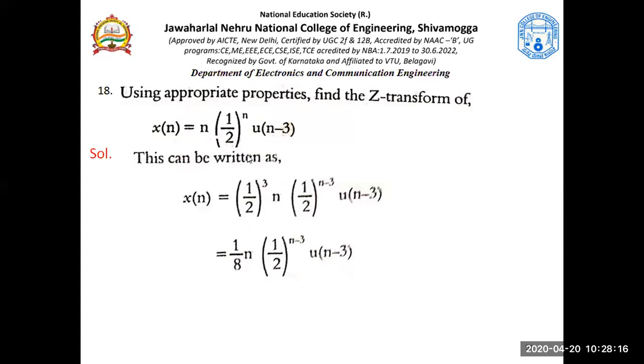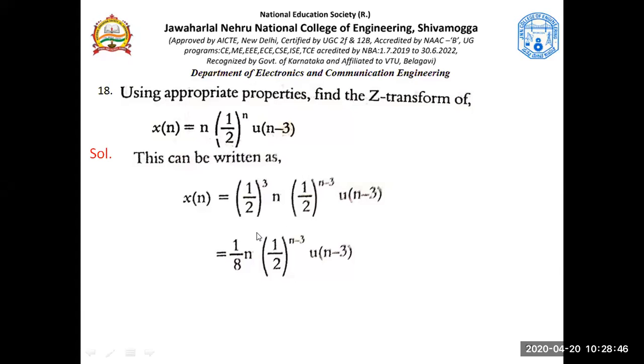You cannot make this (1/2)^(n-3) without this 1/8, because if you are bringing (1/2)^n minus 3, you need (1/2)^3 to compensate. So this is the compensation factor. So the given signal first needs to be brought into this form.